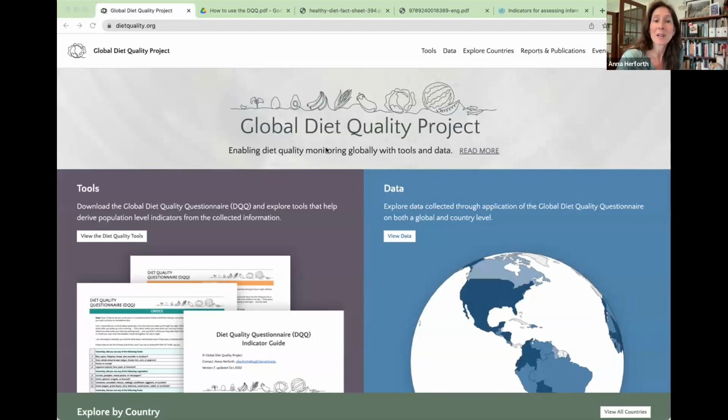So the Global Diet Quality Project, our mission is to enable diet quality monitoring globally and in countries with tools and data. So what the website provides here are essentially the tools for collecting diet quality information and the data of what's been collected in nationally representative surveys to date through the Gallup World Poll.